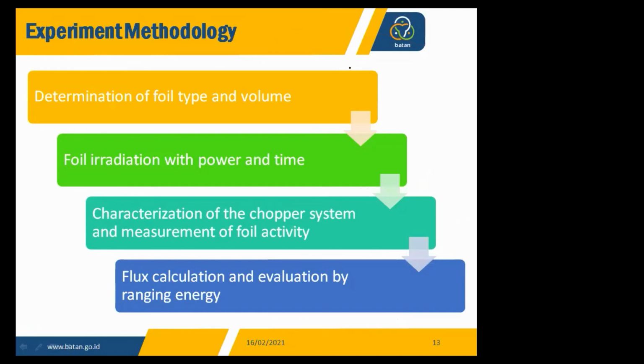First, determination of foil type and volume. In this experiment, we use two types of foil: aurum and aurum wrapped by cadmium.